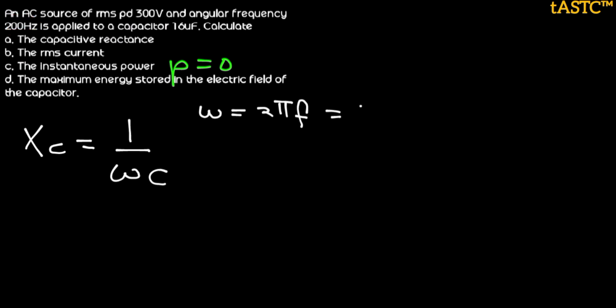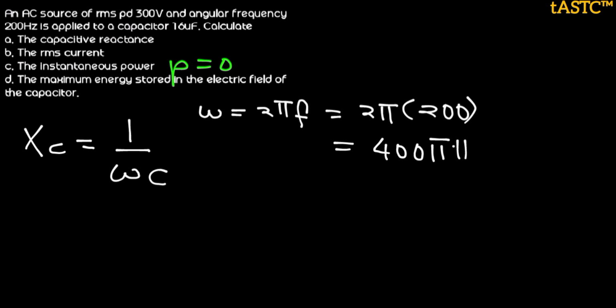So omega should be equal to 2 pi multiplied by 200. That will be equal to 400 pi. Now you could also write this as rad per second.